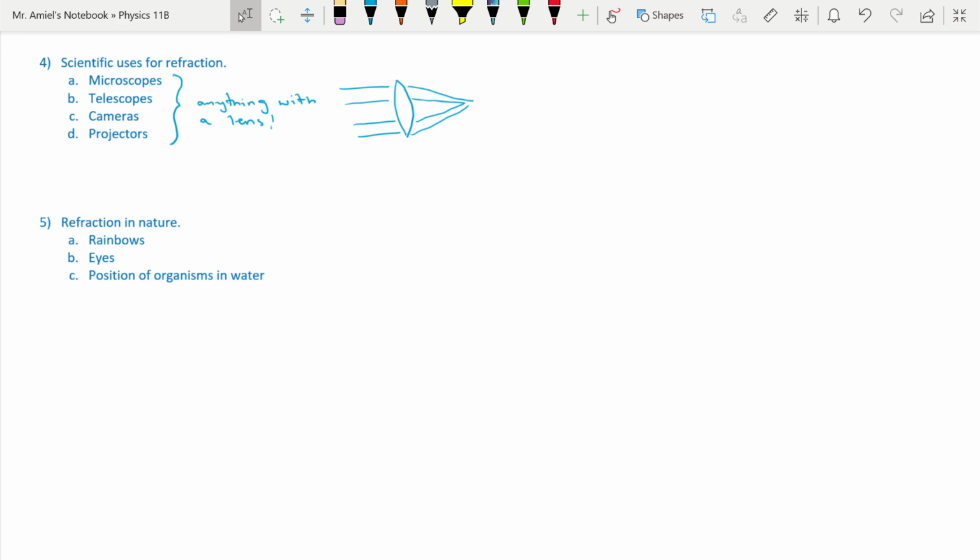So let's have a quick look at this last one, the position of organisms in water, because this is one that you can test out at home. So if you've got some water here and you have an object sitting in your water, like a pencil, so you've got a straight object here, and you are looking into your water.